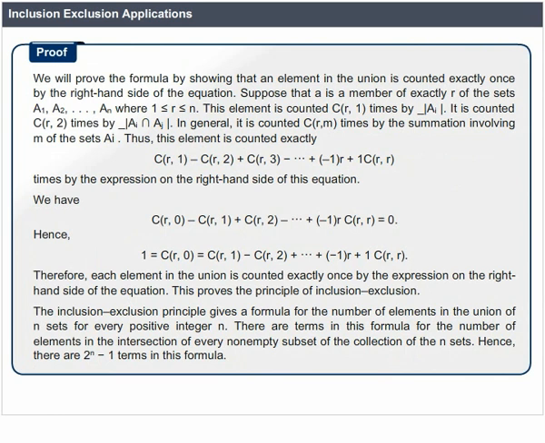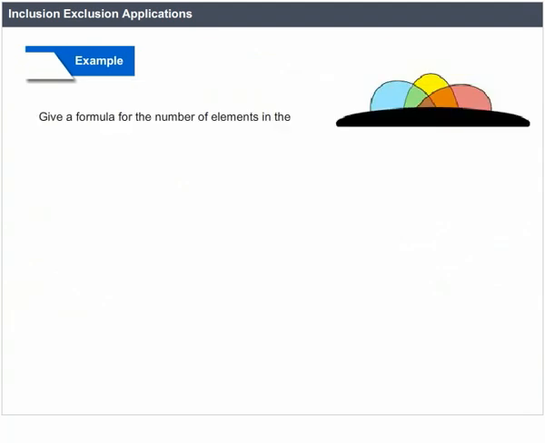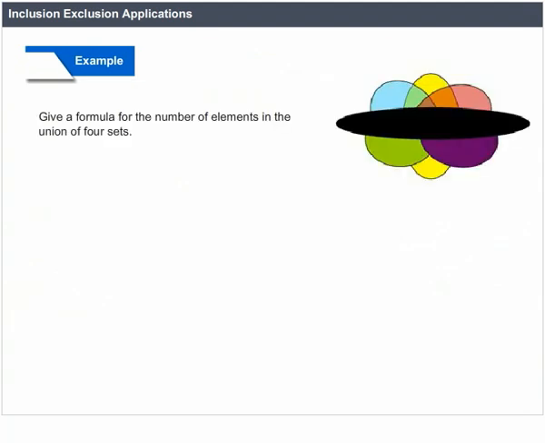Give a formula for the number of elements in the union of 4 sets. Solution.